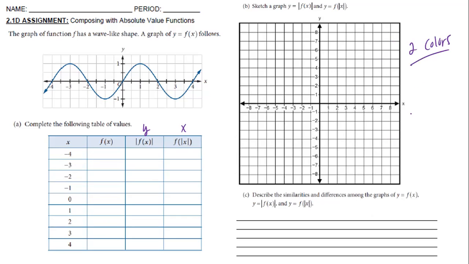So on part B, you're gonna graph your first one, your absolute value of f of x and the absolute value here, and then you're gonna compare them, okay? You're gonna need 2 colors or a pencil and a pen, something that just distinguishes between the 2 graphs.